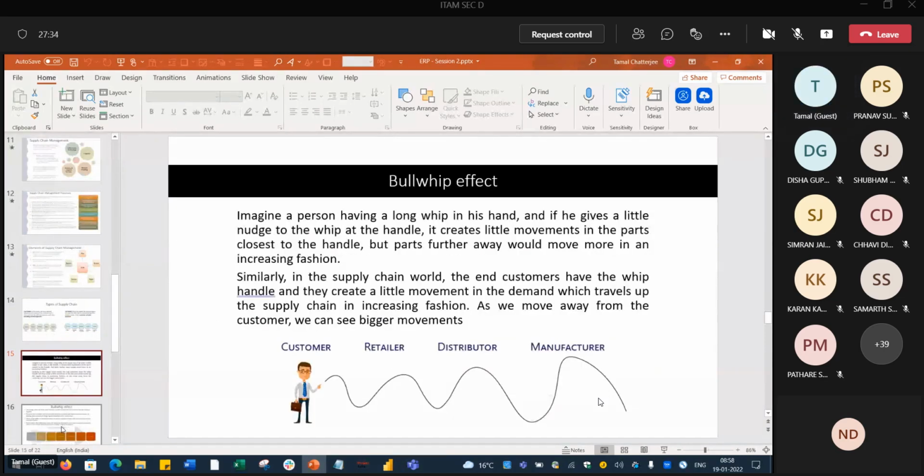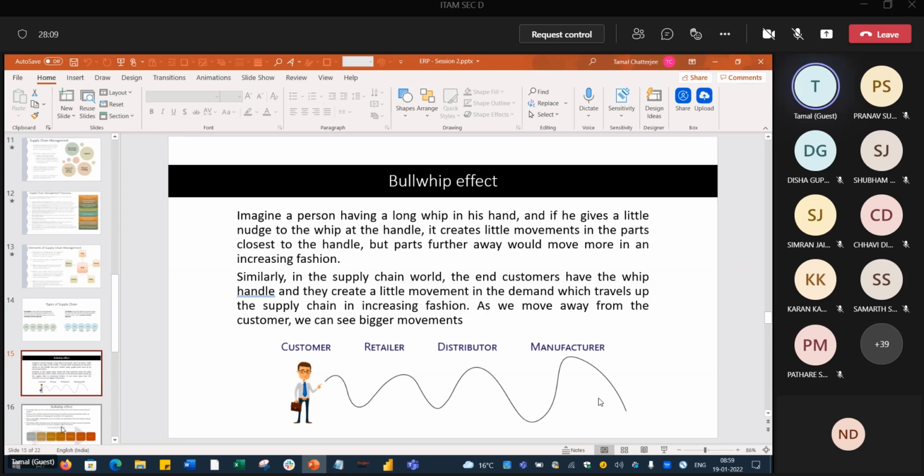Okay. And demand management is, as we were telling, have you heard of the bullwhip? You can search on the net, you will get a hell of a lot of material on the bullwhip. Bullwhip means if you have a whip and you give a little movement or nudge, it creates little movement in the parts closest to the handle, but parts further away would move more.